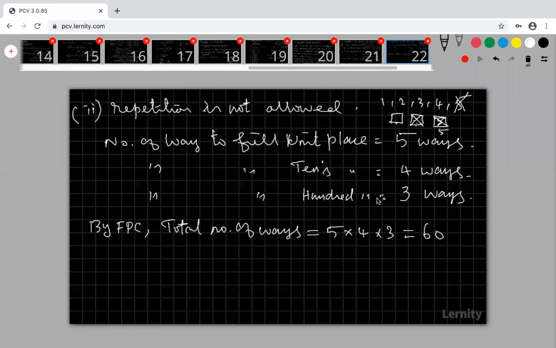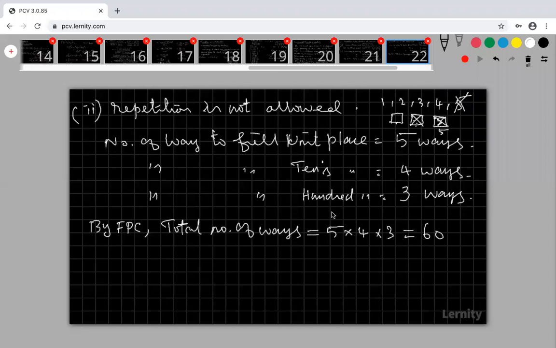So after finishing this chapter, we will discuss our linear inequalities, the sixth chapter. Okay, Madhunisha? Right.